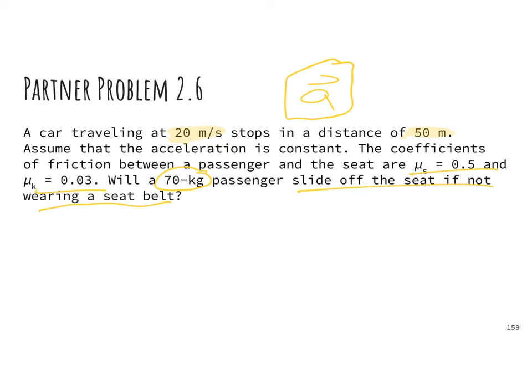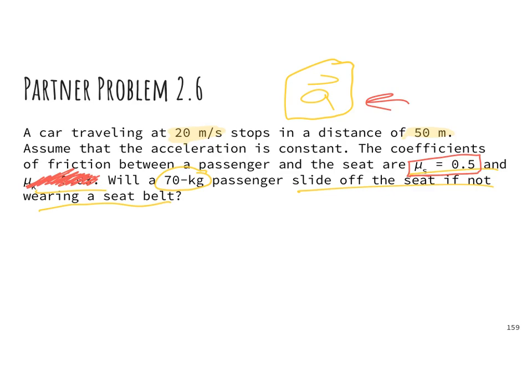So actually, it says here the coefficient of kinetic friction. I don't need that. I'm just curious, given this acceleration, whatever it is, is the force that's causing that acceleration greater than the force of static friction? If it is, then I will slide off my seat.